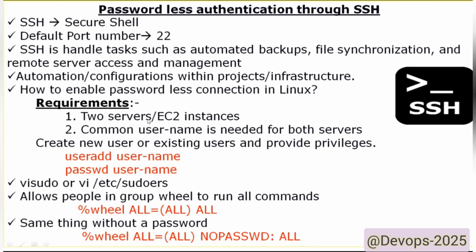Using SSH, we can do a couple of automations like automating backup, synchronization between the servers, and accessing the servers through PuTTY via the SSH protocol, which is port 22.